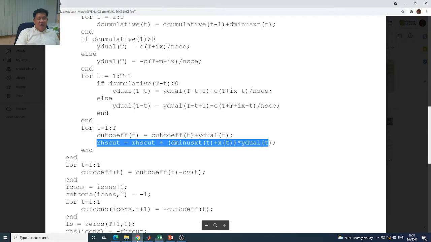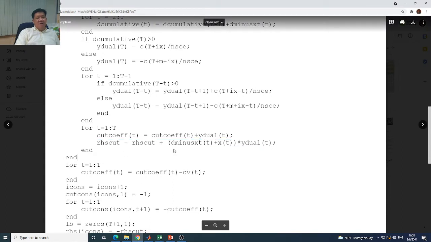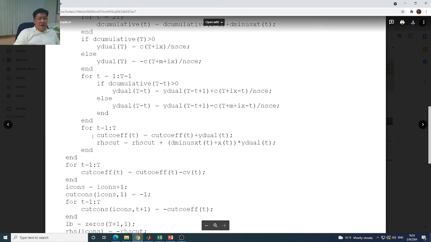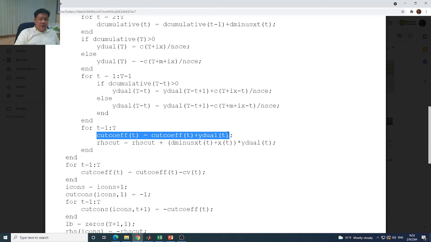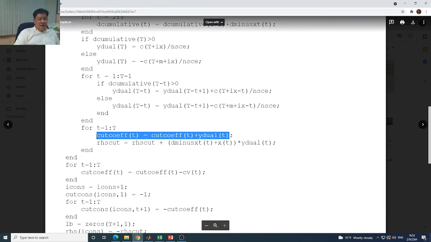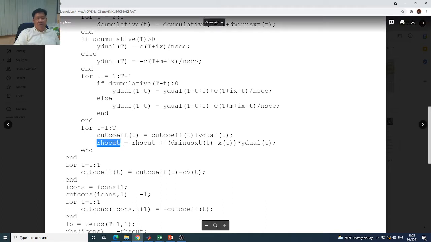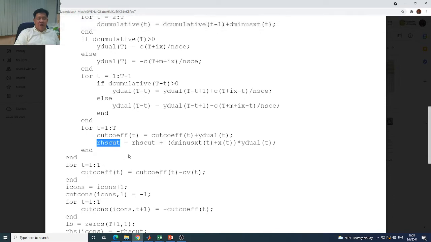But in programming, you just keep doing one scenario at a time, using the same variable, reset it, replace it with the new one, and use the value to find the cumulative of the cut coefficient for the Benders cut constraint and the right hand side.